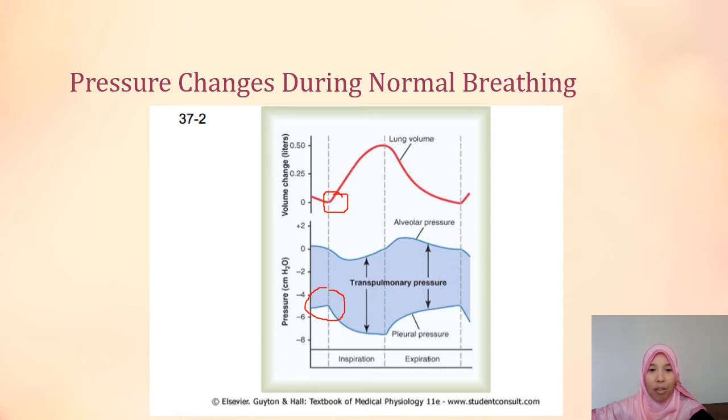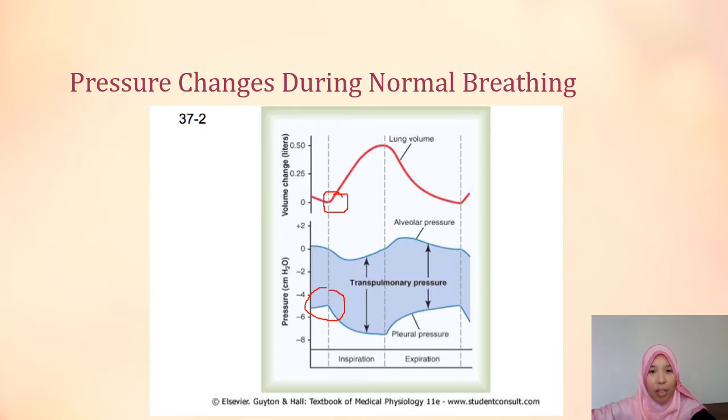So now you see the reduction in the volume of the lung causes an increase in the pressure, and this pleural pressure increase will help in the pushing out of air during expiration. So when exhalation occurs, the air moves out. So this is what happened.